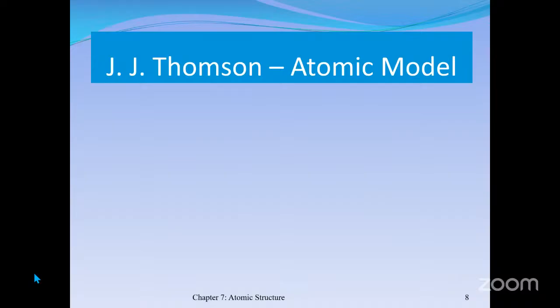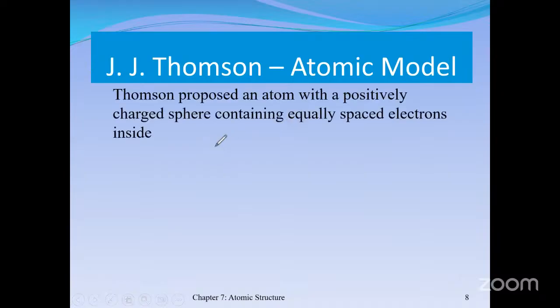So another scientist by the name of J.J. Thomson, who, by the way, was a student of the one I mentioned before, proposed that the way the particles are arranged in the atom is that you have the electron, which is embedded in a large positively charged region, relatively speaking. And the electrons are equally spaced in that positively charged sphere, right? So that was the proposal that Thomson came up with.